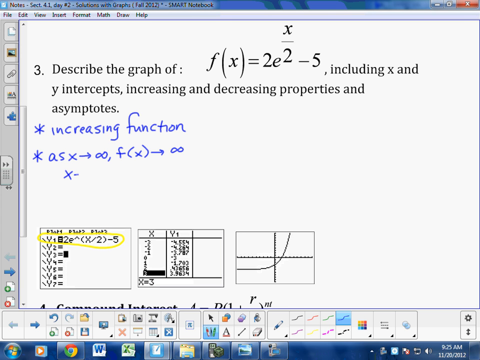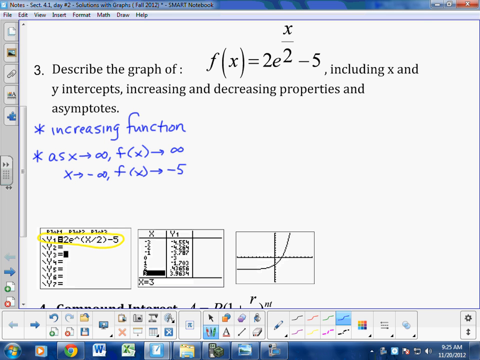As x approaches negative infinity, f of x approaches what? Look at your graph. Look at your chart. Scroll up to where x is getting smaller and smaller and smaller. Keep an eye on the y sub 1 column. What's it approaching? Negative 5? Negative 5?